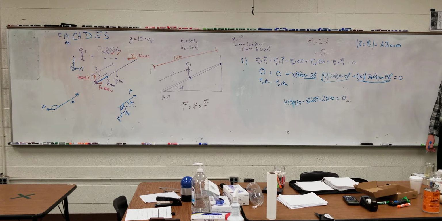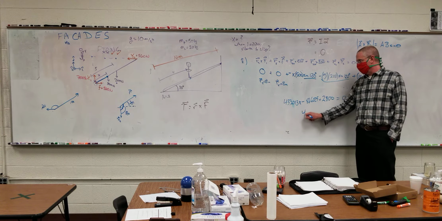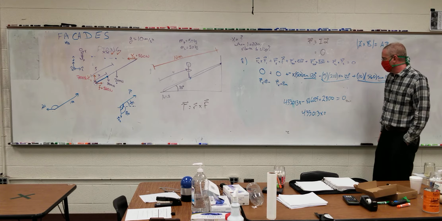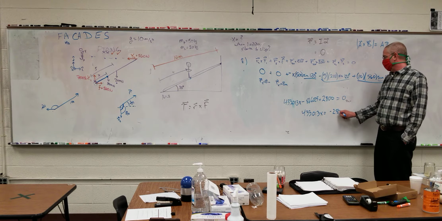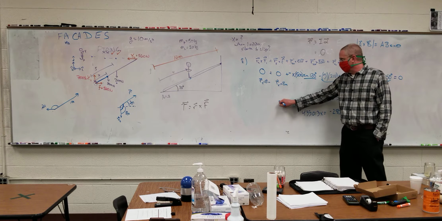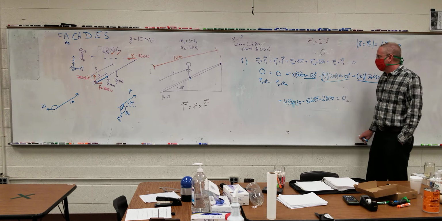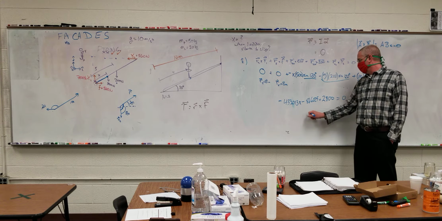So we're now down to an algebra problem, or pre-algebra problem, whenever you first start doing x's. So 433.013x is equal to negative 2,800. Oh, that's actually negative right there. So let's redo that. The first one is negative. So bring that over to the other side.